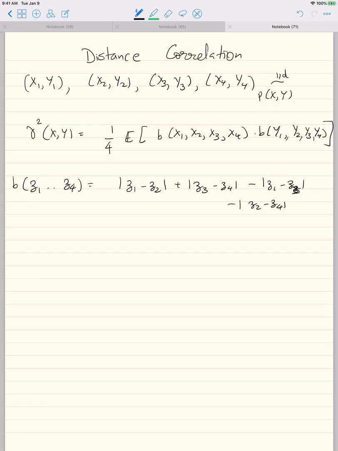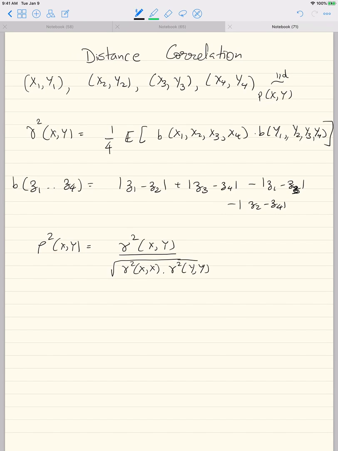So now the distance correlation function is defined as gamma square of xy divided by the square root of gamma square of xx and gamma square of yy.